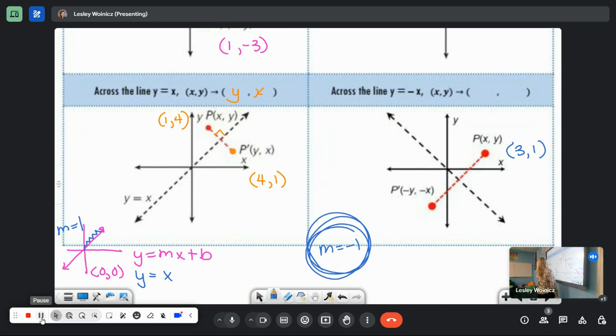It's kind of looking like left 1, down 3, right? So left 1, down 3. Oh my gosh, what happened? Yeah, not only did they change places, they also changed quadrants and signs. They went from both being positive to both negative, right? So we're going to do the opposite of y, the opposite of x.